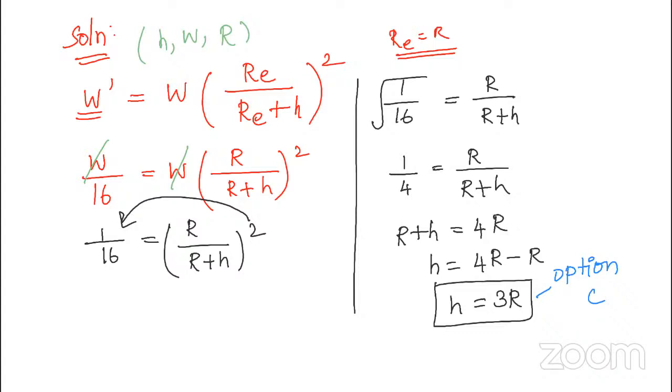In that problem, they have given the weight on the surface of the earth and the radius, and they are asking for the height. So H, W and R must be there. Those values are all in the first formula, so we choose the first formula. You should not get confused at that point. Between the two formulas, choose whichever is apt. Now it is clear.